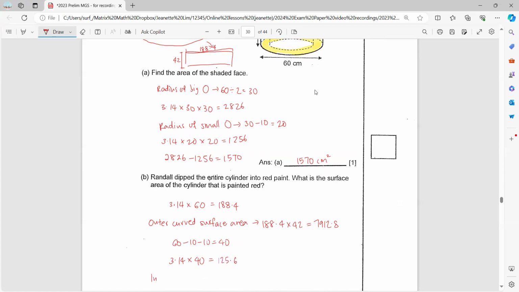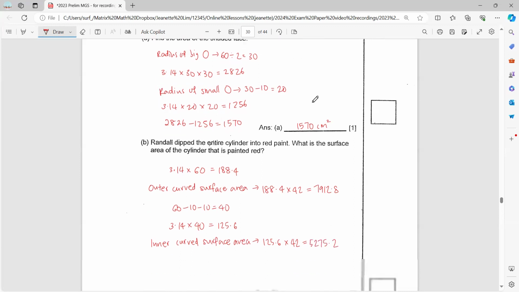So the inner curved surface area will be 125.6 times the height, which is 42. 5275.2.